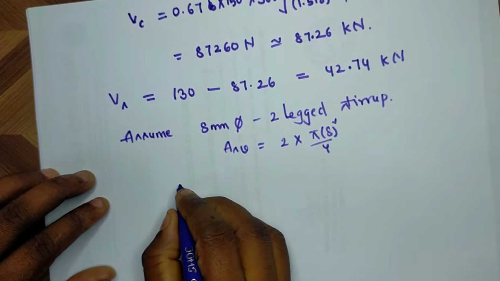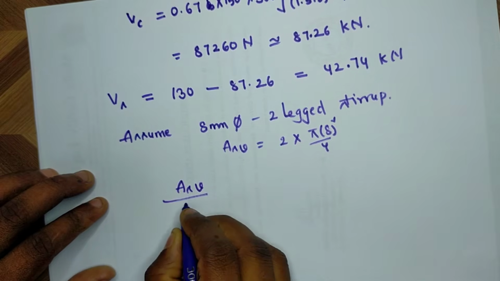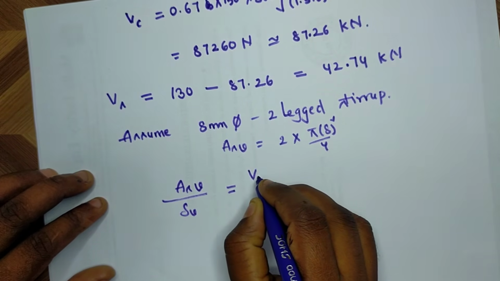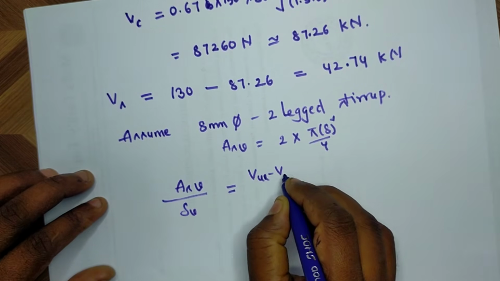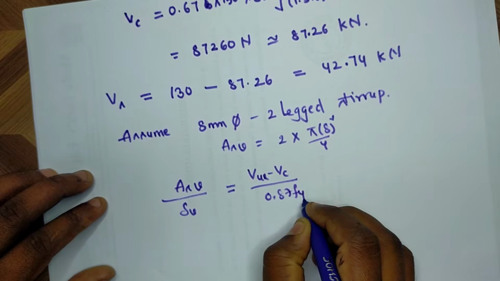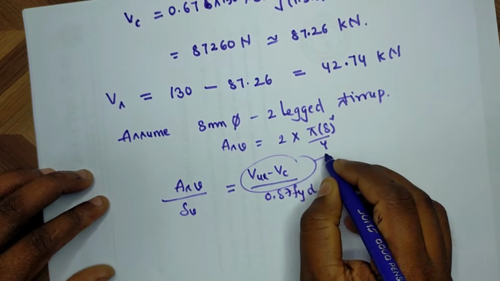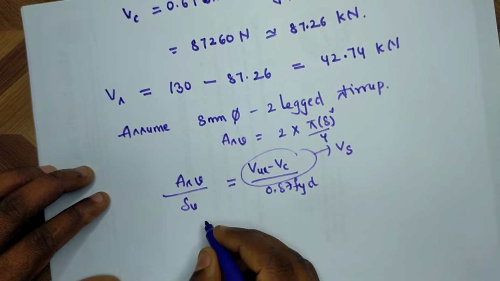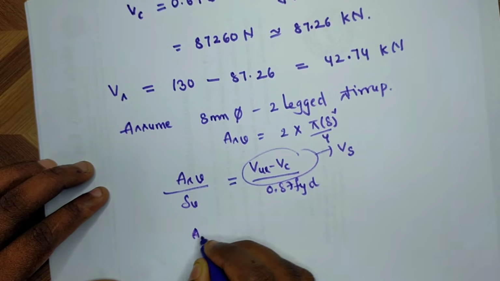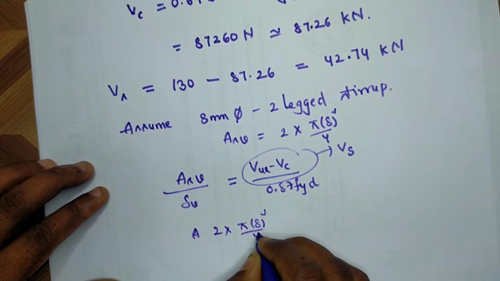We will see. We know this formula, ASV by SV is equal to (VUR minus VC) by 0.87 FID. From IS 1343 we know this one. This value is nothing but VS. ASV we know. ASV is 2 into pi 8 square by 4.